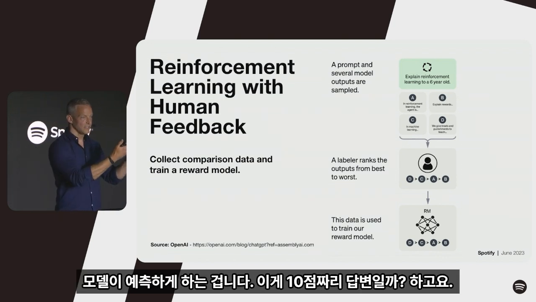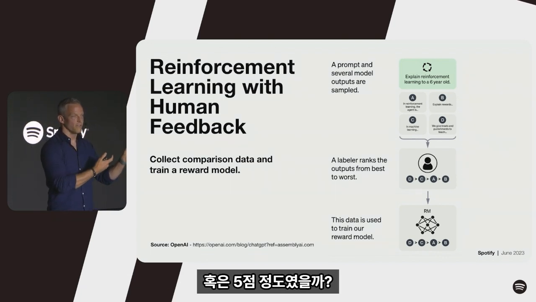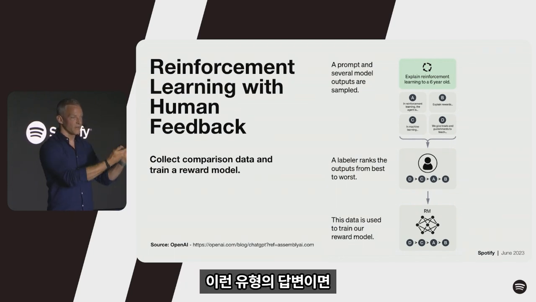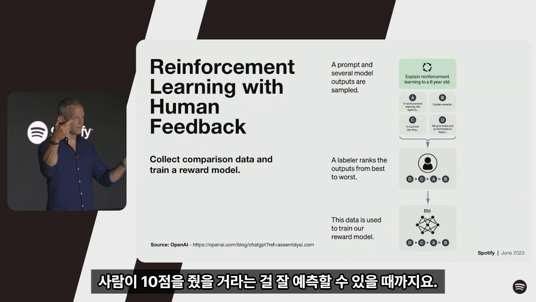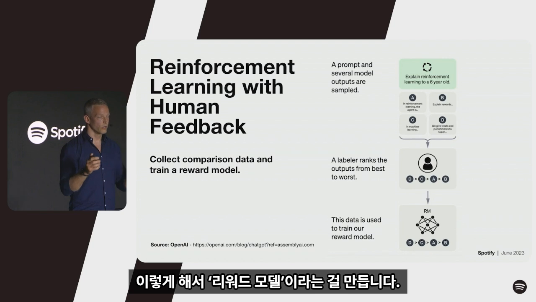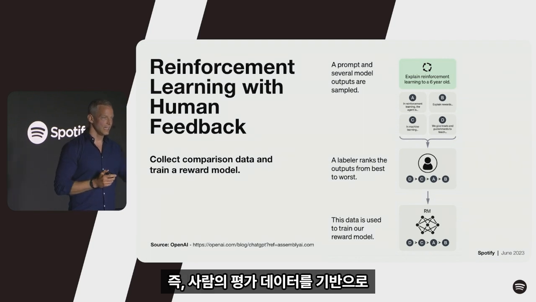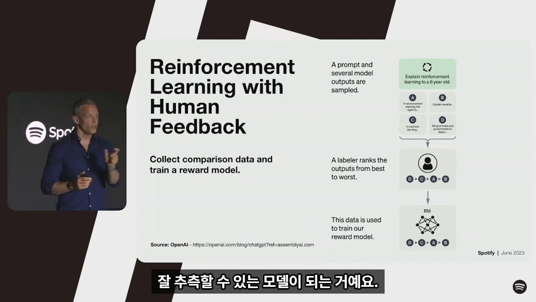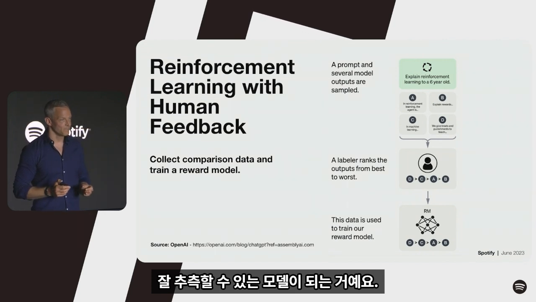Was this the 10 answer to the question, or was this the 1 answer or the 5-point answer? And then you train it until it gets really good at predicting that this type of answer, a human would have scored 10. This type of answer, the human would have scored 1. So now you build something called a reward model, a model that is good at guessing, based on supervised data from humans, what the human would have thought about this answer.